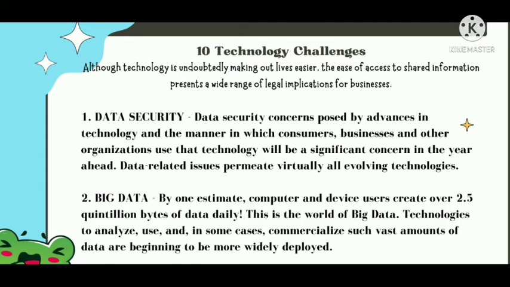Data security concerns posed by advances in technology, the manner in which consumers, businesses, and other organizations use the technology will be a significant concern in the years ahead. Data-related issues permeate virtually all evolving technologies, with huge amounts of business and personal data transmitted and stored electronically, and opportunities for data breaches are dramatically increased.